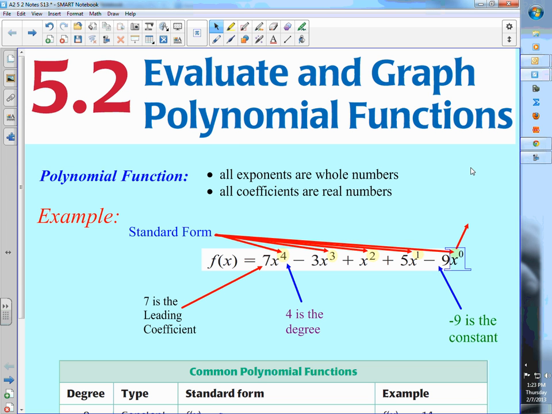Square root of -1, which is, well, we said it is, but what is that? Yes, imaginary. Okay? So as long as it's a real number, a number that appears somewhere on the number line, you're talking about a real number. It doesn't have to be an integer. It can be a fraction, a decimal, a radical. Okay? All good. Just can't be imaginary. If it's imaginary, it's not polynomial.